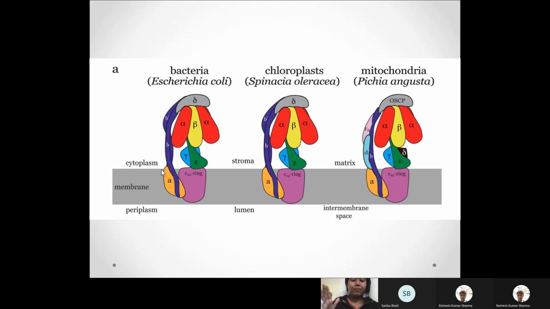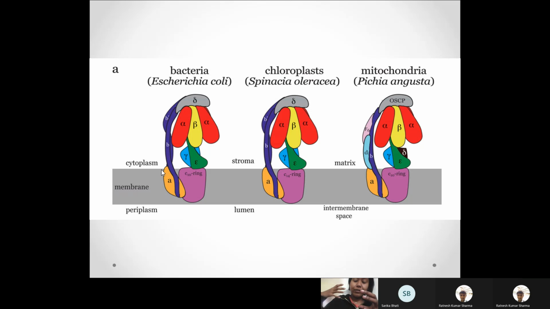So if it is a bacterial cell, we are saying that there are more protons outside compared to inside, just like we were talking about in the case of flagella. If it is a mitochondria, we are saying that the F1 particle is facing the mitochondrial matrix, right?